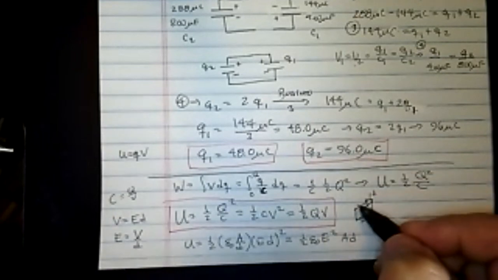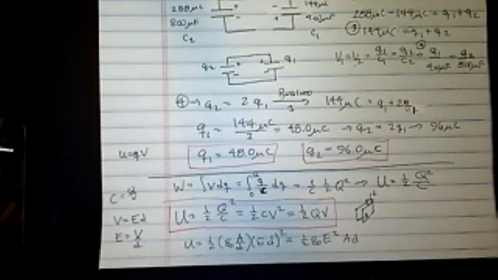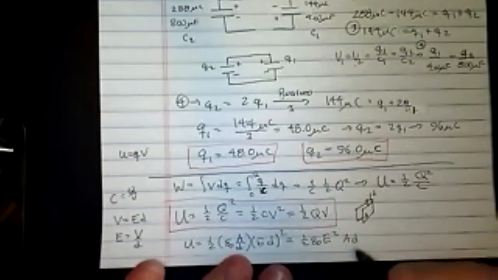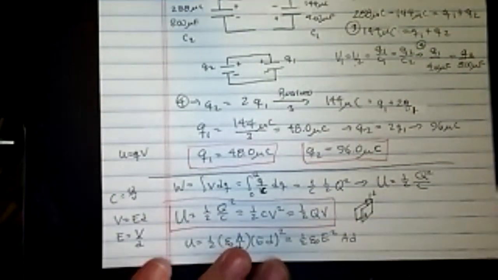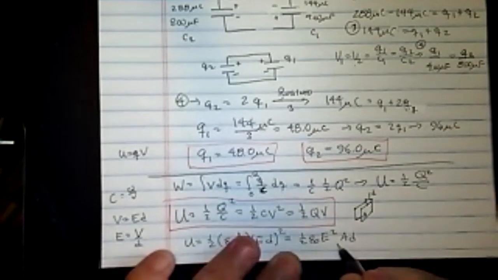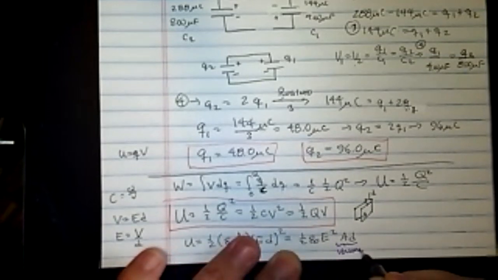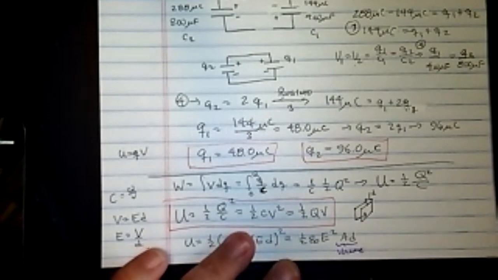The volume of that rectangular space, I should say. It would be D times the surface area.